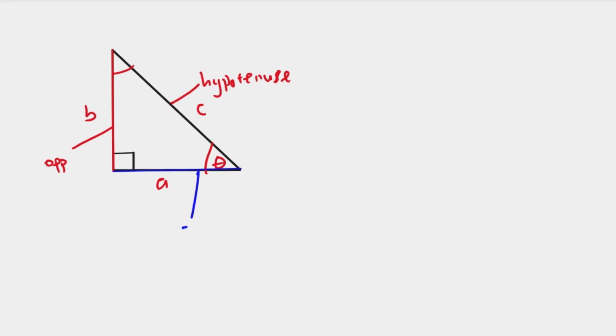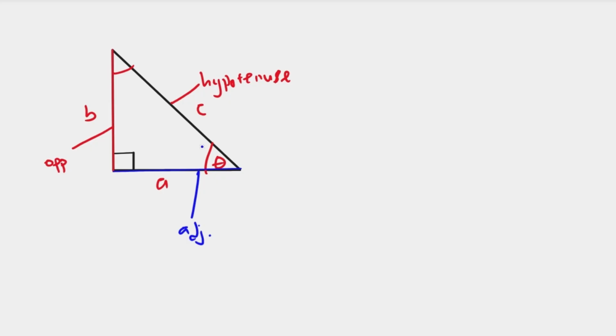So here is adjacent, I'm using this shortcut for that. Here is opposite and this is the hypotenuse. But that is something that you're supposed to know. This side is not going to be opposite forever and this side is not going to be adjacent forever. It depends on the position of the acute angle that we are talking about.